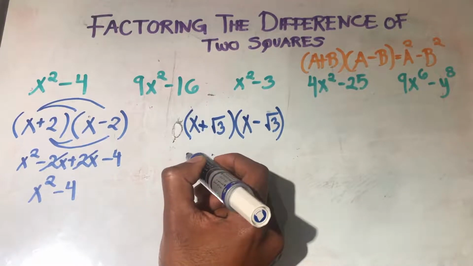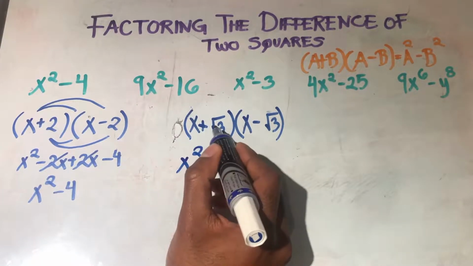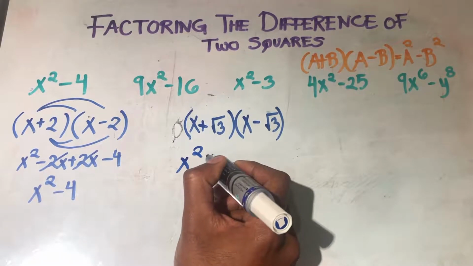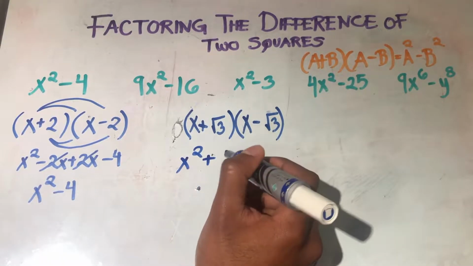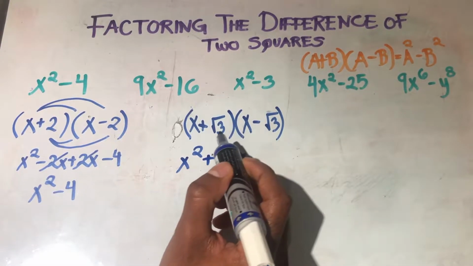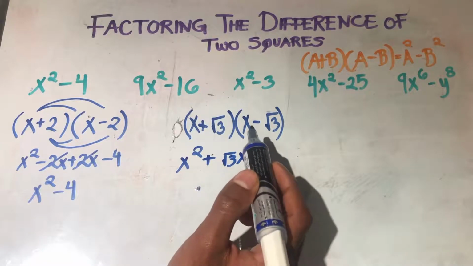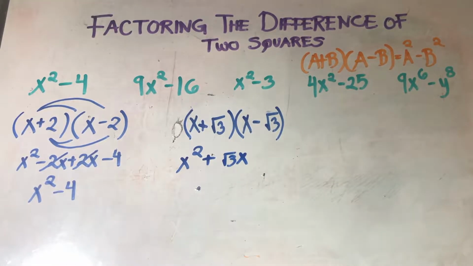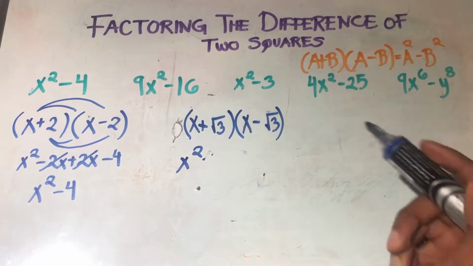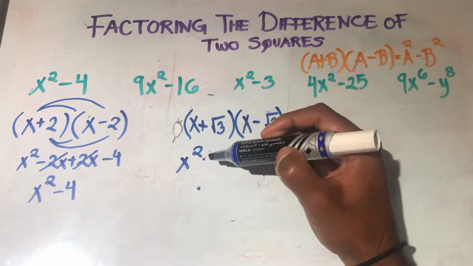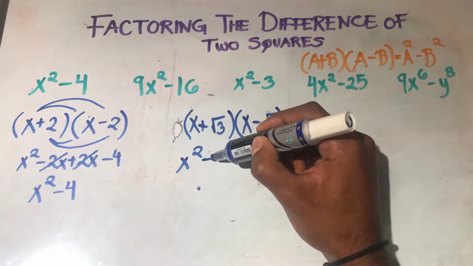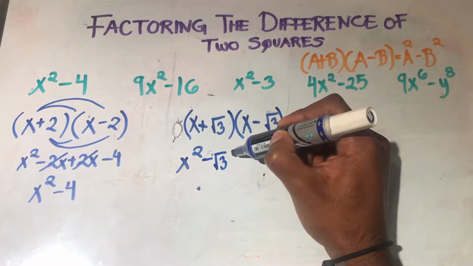x times x is going to give us x squared. Root 3 times x is just going to give us root 3x. x times x is going to give us x squared. x times negative root 3 is going to give us negative root 3x.